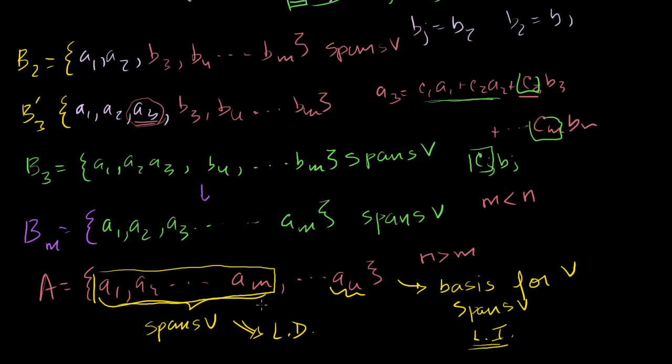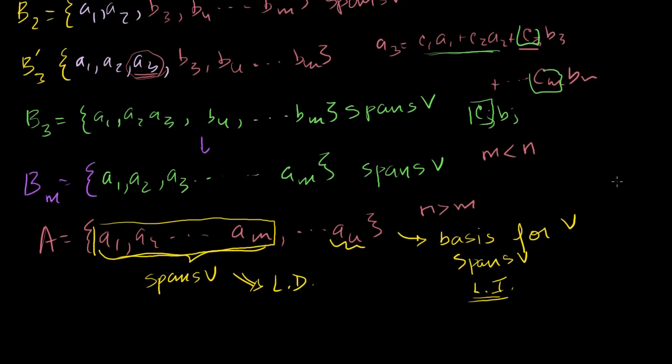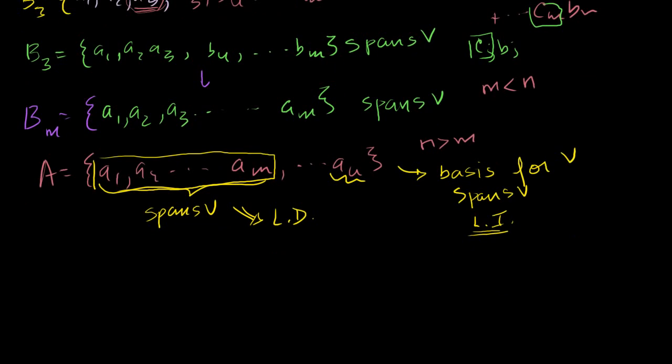If you're able to do this, then if there is some smaller spanning set, you get the result that A has to be linearly dependent, even though we said it was linearly independent. So we get our contradiction. There cannot be.